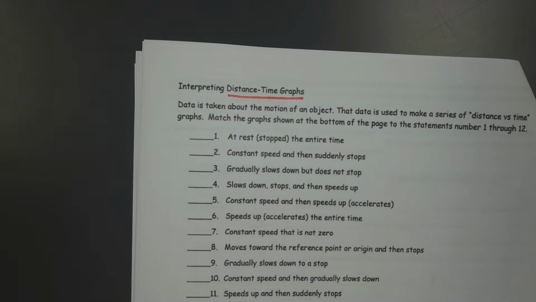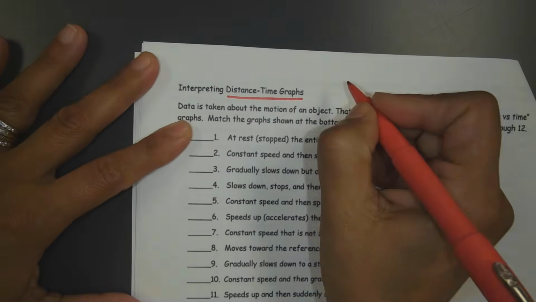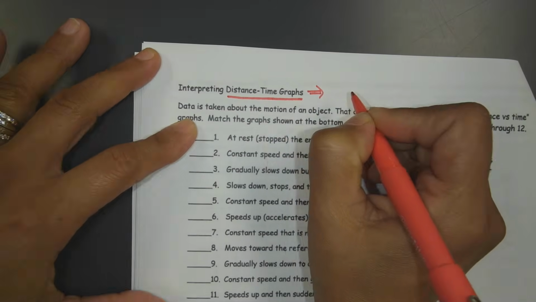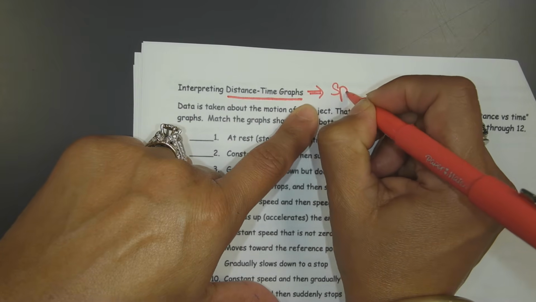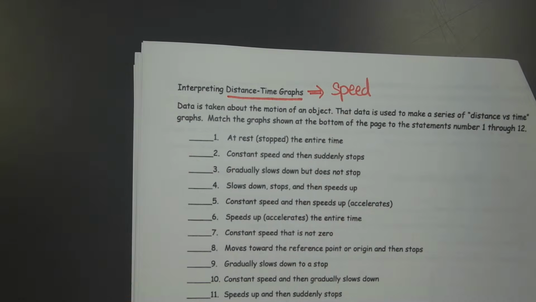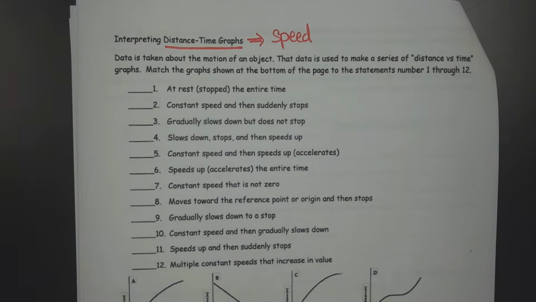Now, we just saw the distance and time equation. This is going to be graphs of an object's speed. This is speed graphs. How fast is it moving? Now again, don't forget it is a scalar.